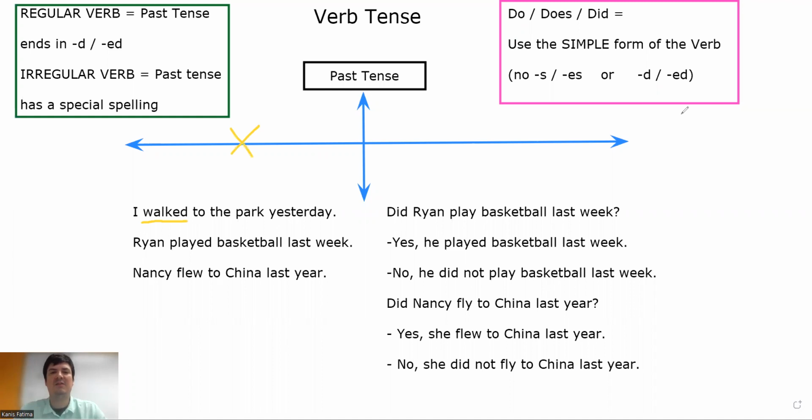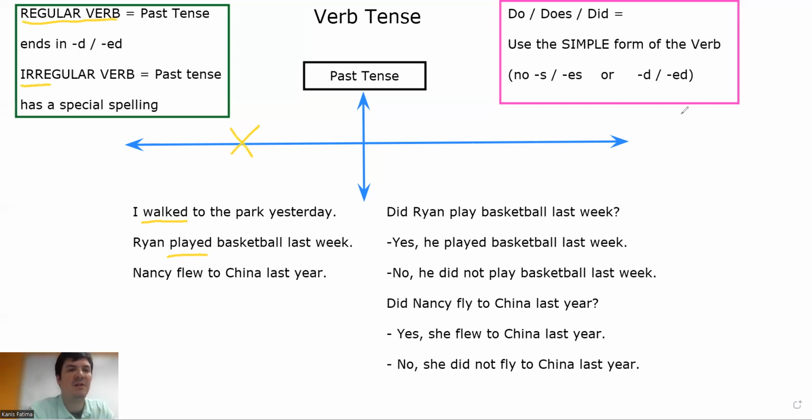The second sentence, Ryan played basketball last week. Now, most verbs are what are called regular verbs. Regular verbs, the past tense ends in D or ED. But there are also irregular verbs.